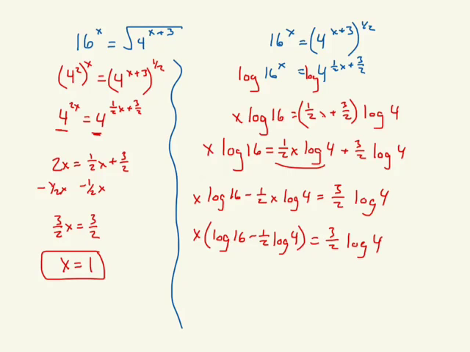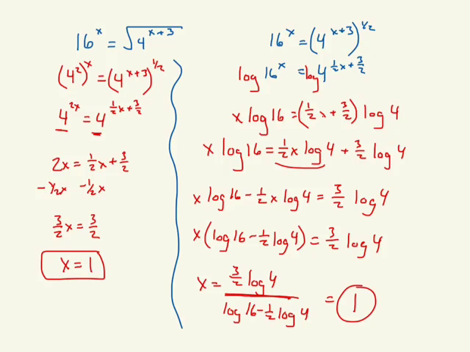And now we can divide by that mess, and we'll get an x equals a 3/2 log of 4, all divided by a log of 16 minus a 1/2 log of 4. Now, if you punch that into your calculator, no surprise, you will get a 1 that way as well.